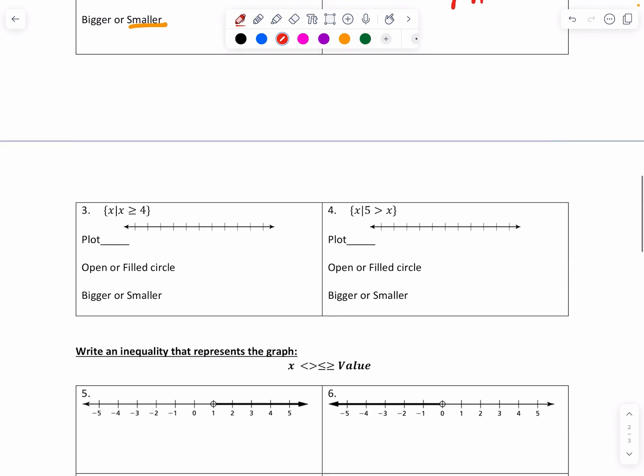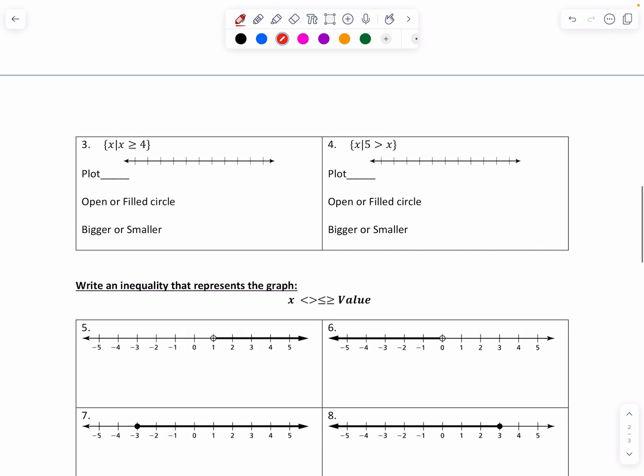Number 3, it's called set builder notation. It says the set of all x values, that line means such that x is greater than or equal to 4. This is the exact same thing as if I had just said x is greater than or equal to 4. Okay, it looks fancy. It's not that much different.